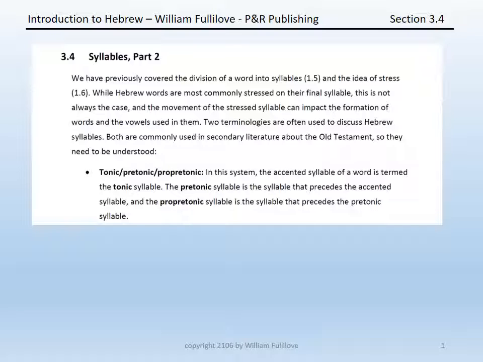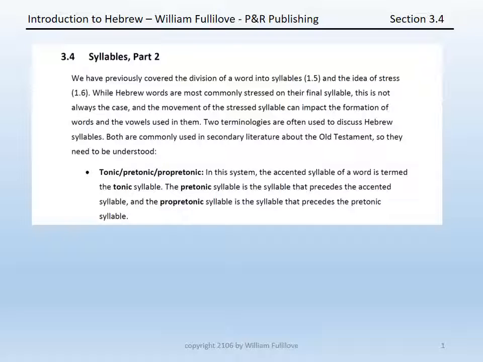There are two different terminologies in common use to discuss Hebrew syllables. And since both of them are commonly used in secondary literature written about the text of the Old Testament, each of them needs to be introduced and understood. The first system is the system of tonic, pretonic, and propretonic.